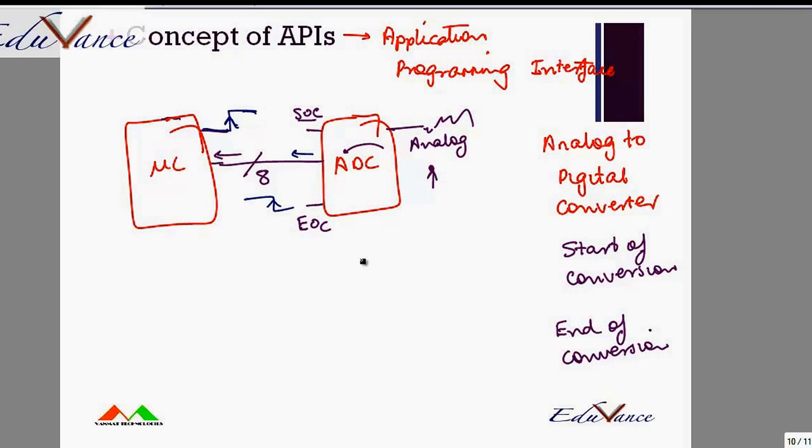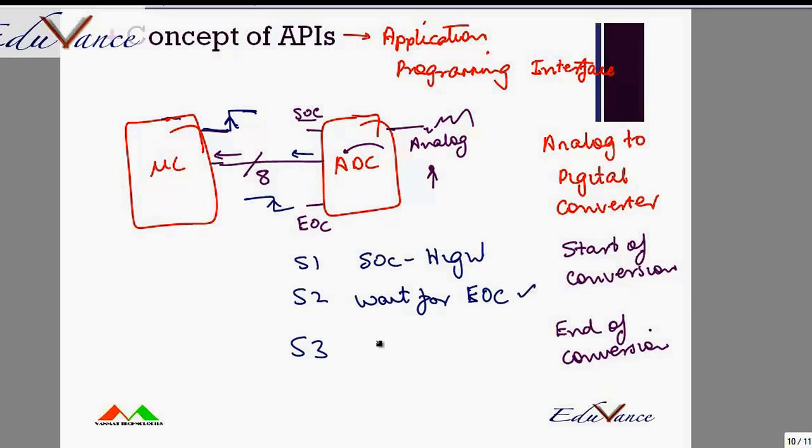So there is a step, which is step 1 is SOC high, then wait for EOC. So step 1, step 2, step 3, wait for EOC. Once EOC is high, then I will say, let's take data. Now, if you see, this process takes a few steps.